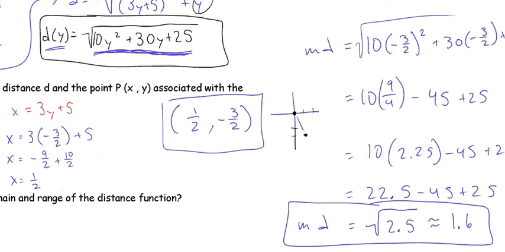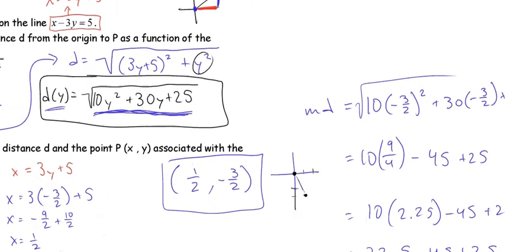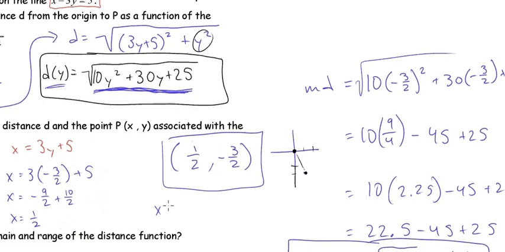Let's put it in slope-intercept form real quick. So x minus 3y equals 5. We would subtract x and have negative 3y equals negative x plus 5. So y would be equal to 1/3 x minus 5/3.